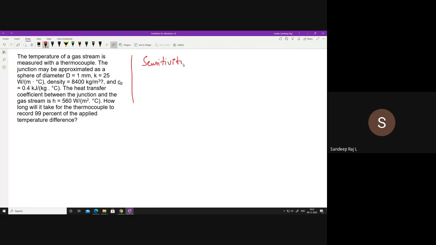That is, the efficiency of the thermocouple, or the ability of the thermocouple to measure the temperature accurately, can be analyzed using transient heat transfer analysis. That is a very important aspect of transient heat conduction, and especially the lumped analysis. So kindly keep this in mind. Thermocouple is a very important thing. Most of the time this kind of questions are asked.